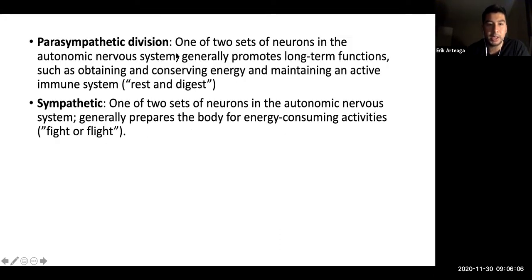Whereas parasympathetic is going to be rest and digest, and sympathetic is going to be fight or flight. So autonomic is without your control, and then you have parasympathetic and sympathetic. Think of sympathetic as the adrenal glands controlling the body in order to induce energy or movement. Parasympathetic, rest and digest.